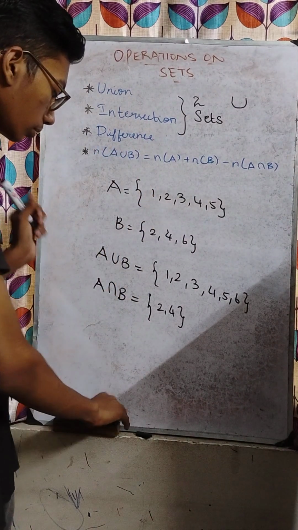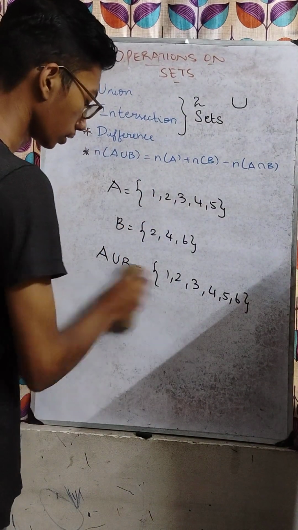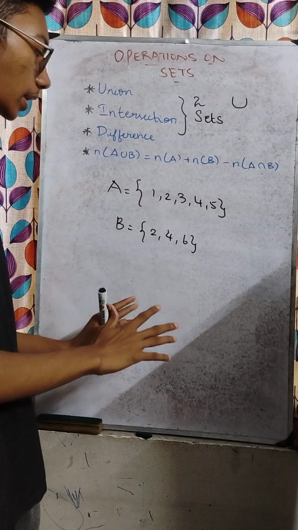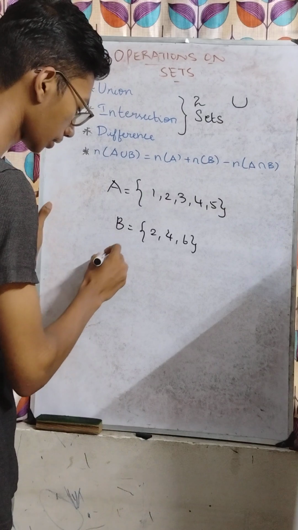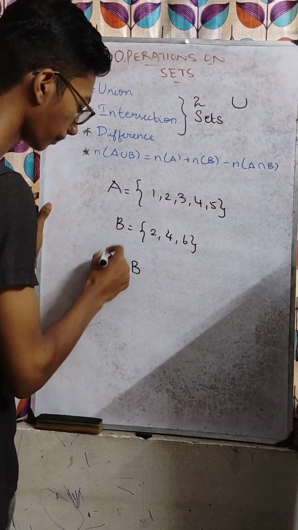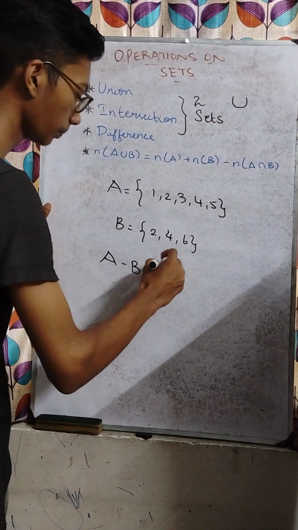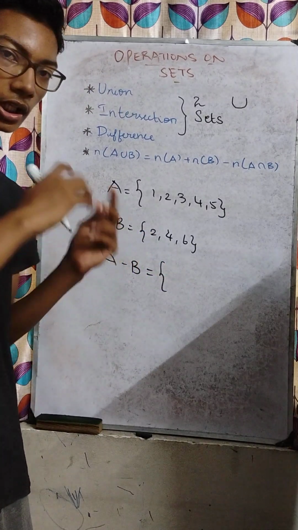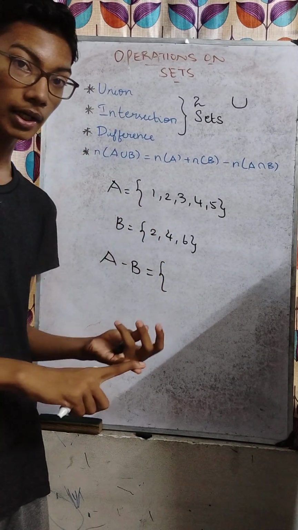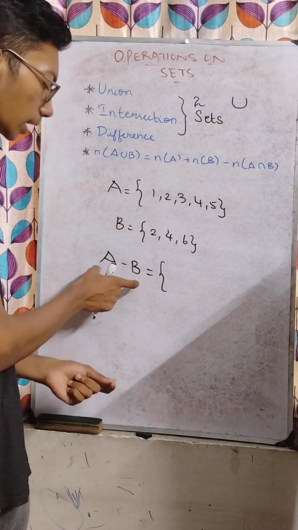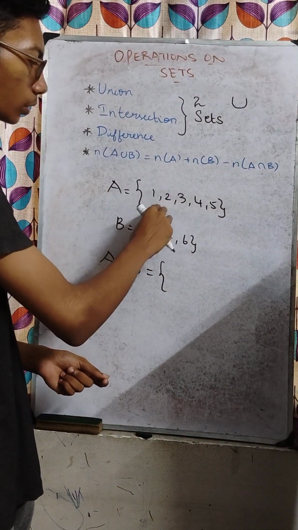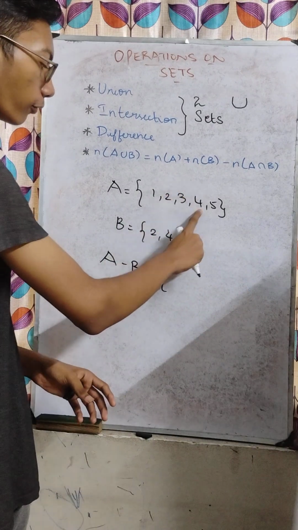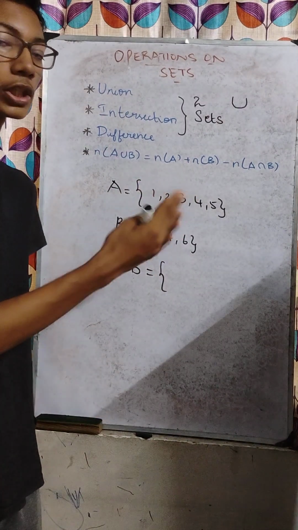Now difference. We cannot just see and say the difference, because let's say we have to find A minus B. What it means is, all the elements in A we have to write here, but it should not be in B. So we can write 1, 2, 3, 4, 5, but 2 and 4 are also in B, so we need to exclude them.